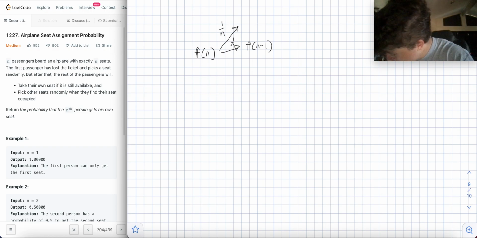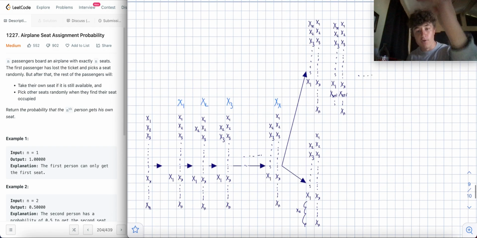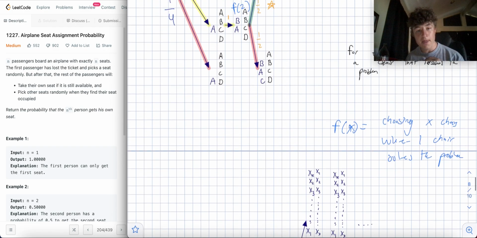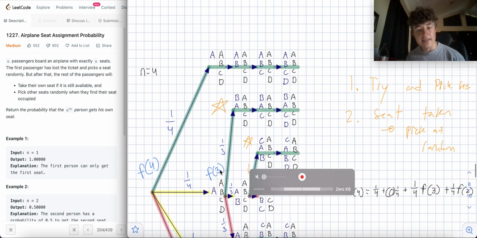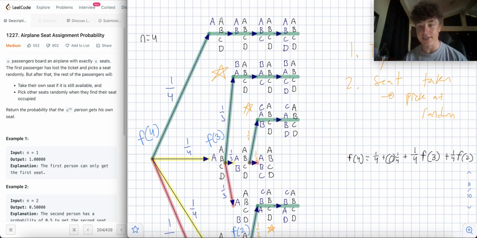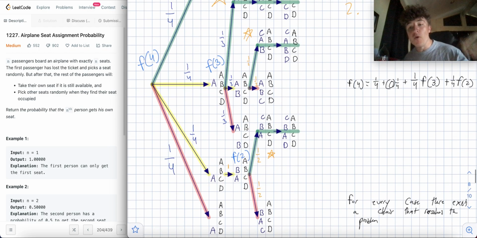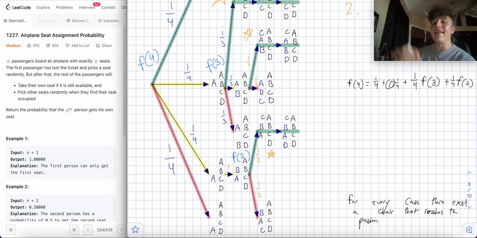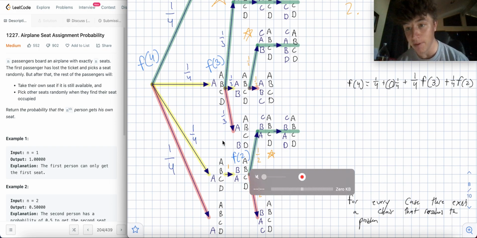Why is it n-1, n-2, et cetera? Because if you choose B, then the very next person is going to have to randomly select a chair to try to fix this problem. If you choose C, then the next person, B, will be able to select their chair, and then when C comes up, C is going to have to solve this F of 2 problem.